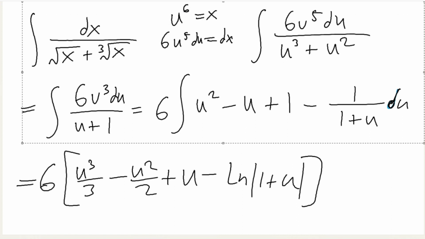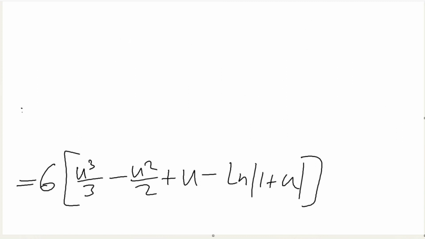U is equal to x to the power of 1/6. That's why it's nasty. So to remind you, u is equal to x to the power of 1/6. So this whole answer, I can use this to cancel some out. 3 over 6, that's a half.